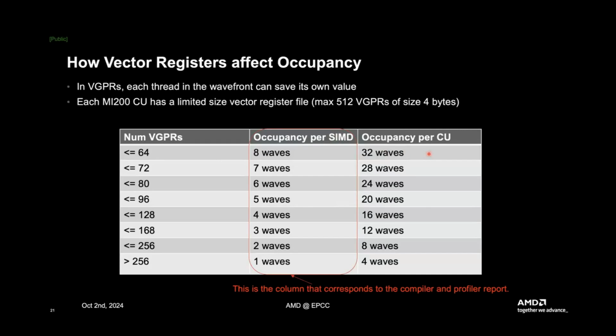But it is an optimization to stage things into registers, so sometimes you may need more registers. In that case, that will limit how many waves can run simultaneously. That will limit your occupancy. This occupancy per SIMD is what you will see in the compiler and the profiler report. So don't get confused. If you get 8 in the compiler report, that is actually full occupancy.